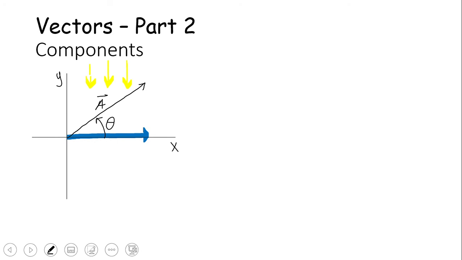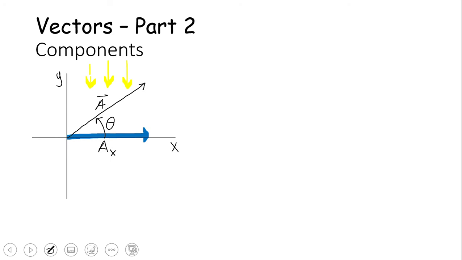This shadow here is called the projection of a onto x. But we don't call it the projection of a onto x. That's too long of a name. So we just label it a with a subscript x.